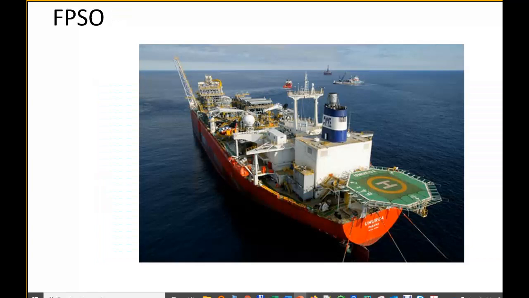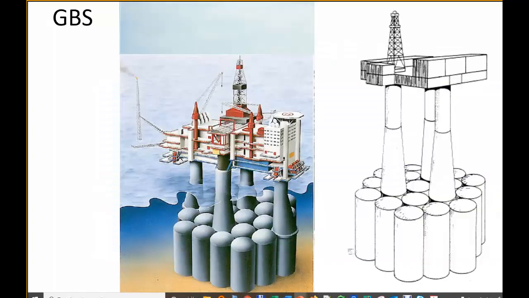FPSO is something very popular, you see it in many fields, especially subsea fields. With a jacket, jack-up, or GBS, I can still get wells like they were onshore. They are drilled through the legs.